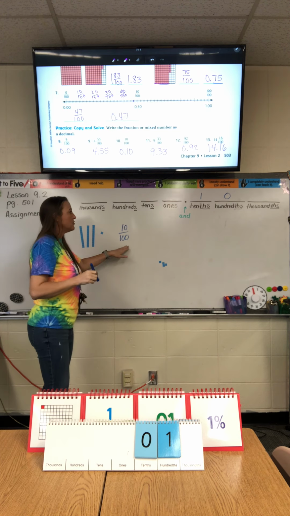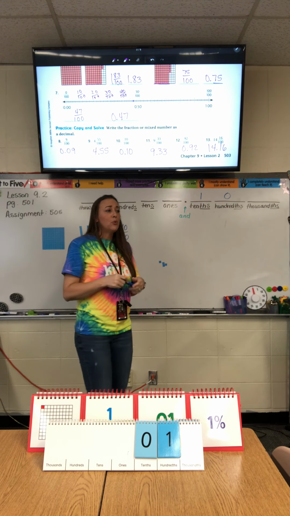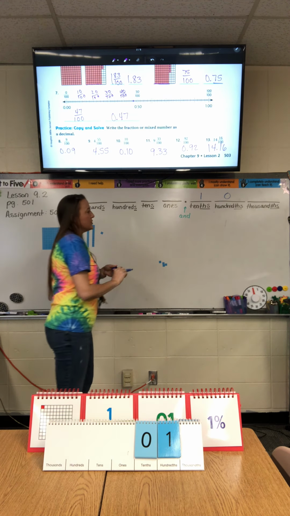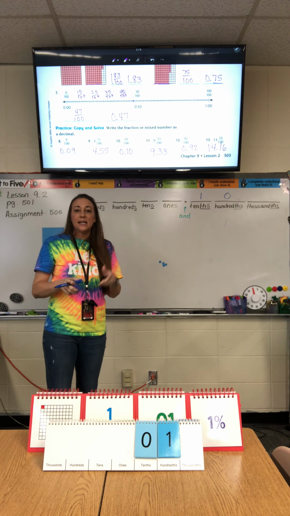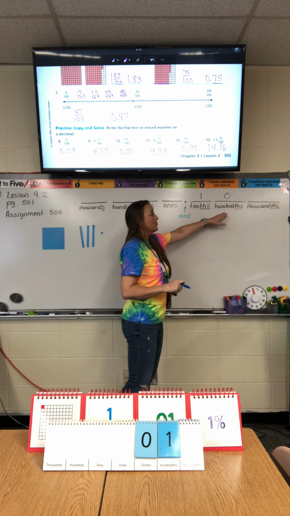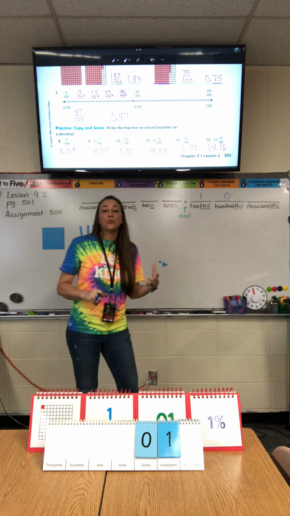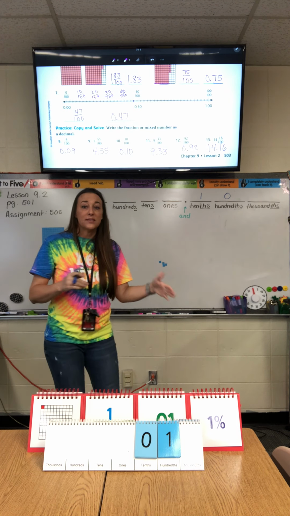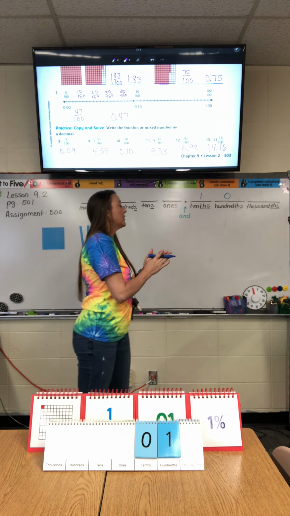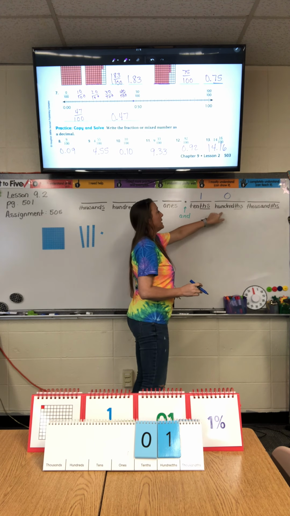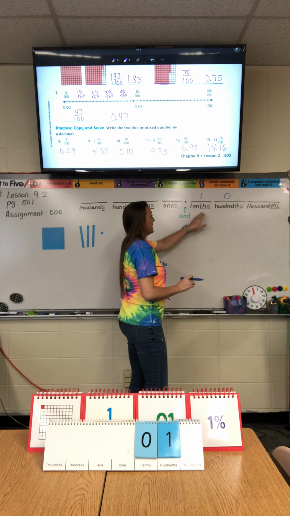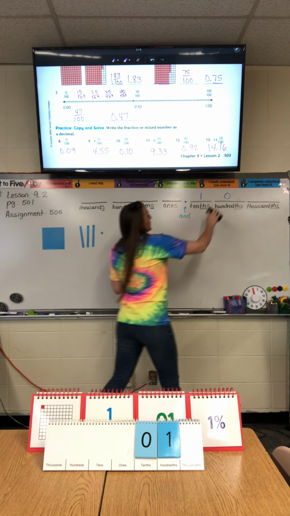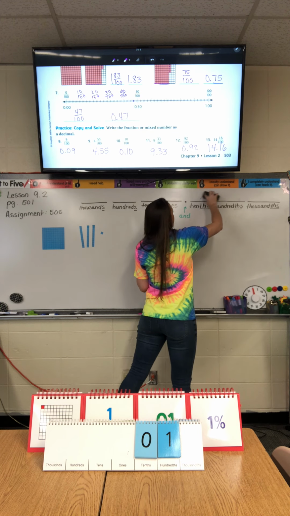Even though we're talking about hundredths, another thing that I want to point out is when you're reading these numbers, if there is a digit in the hundredths place, then you're going to read that decimal as hundredths, and not say the tenths.